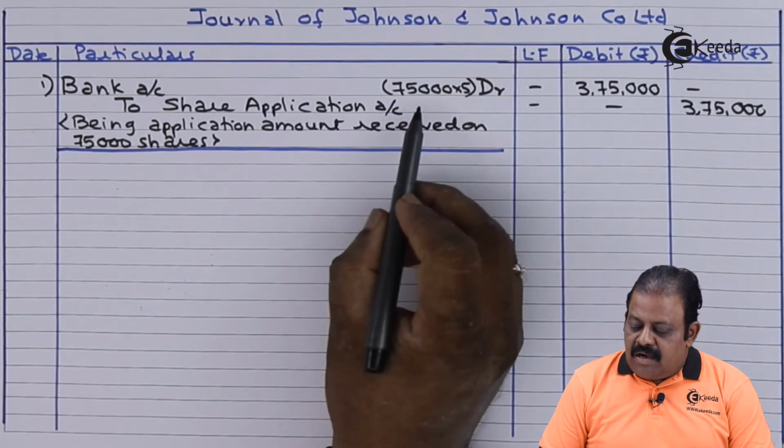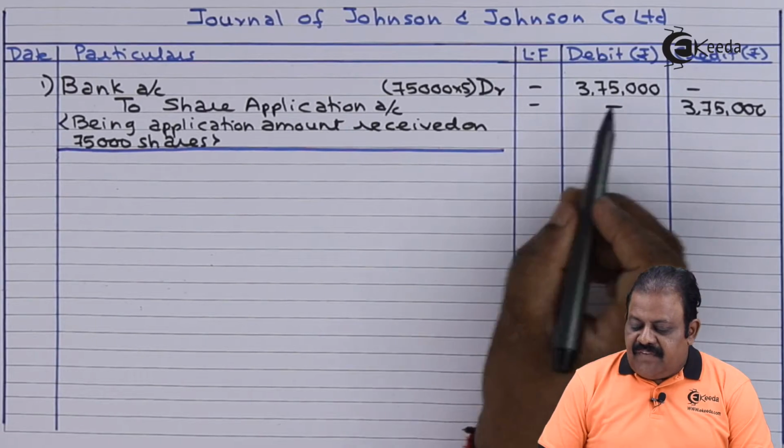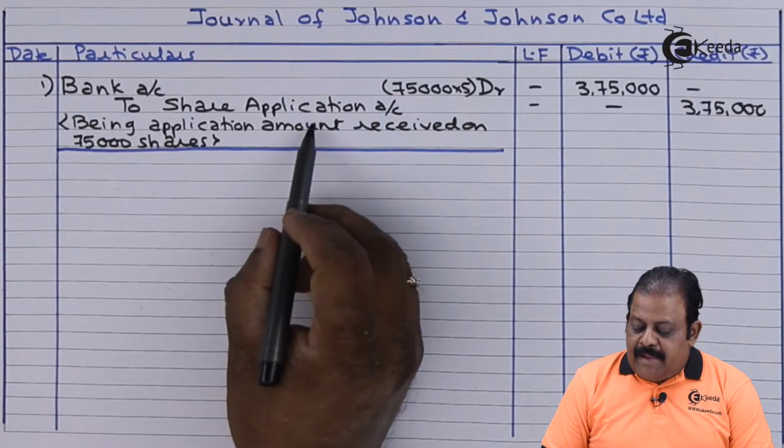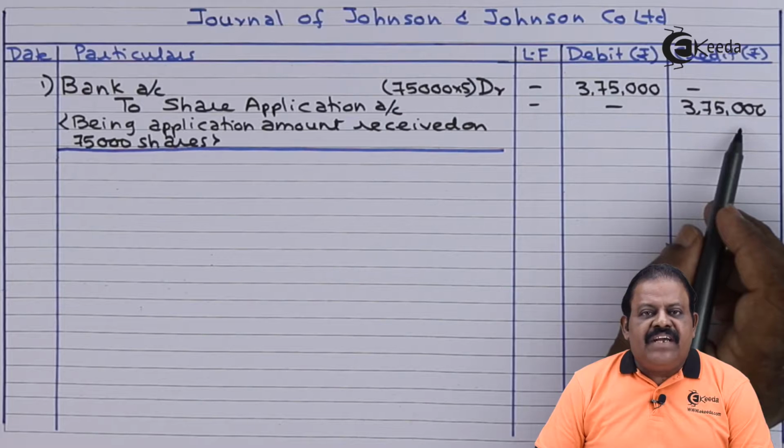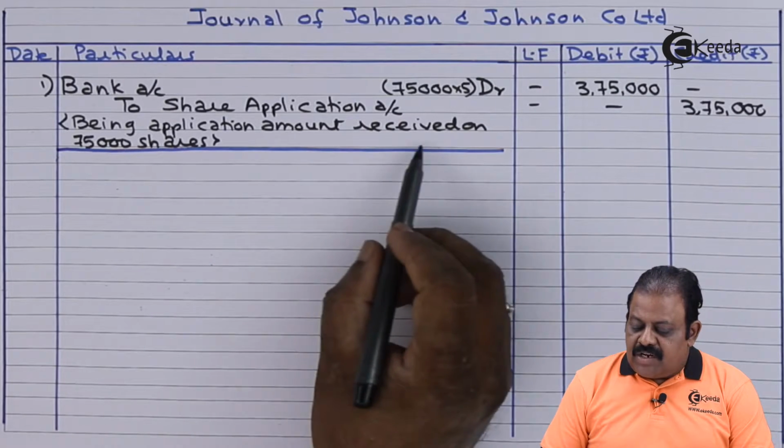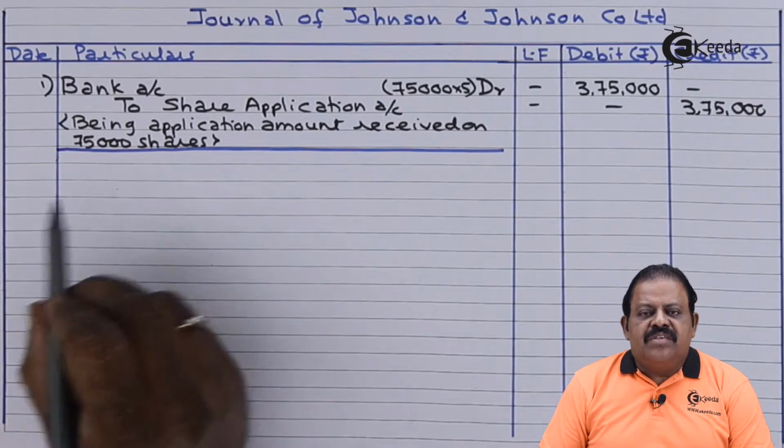First entry, bank account debit 3,75,000 to share application account 3,75,000, being application amount received on 75,000 shares.